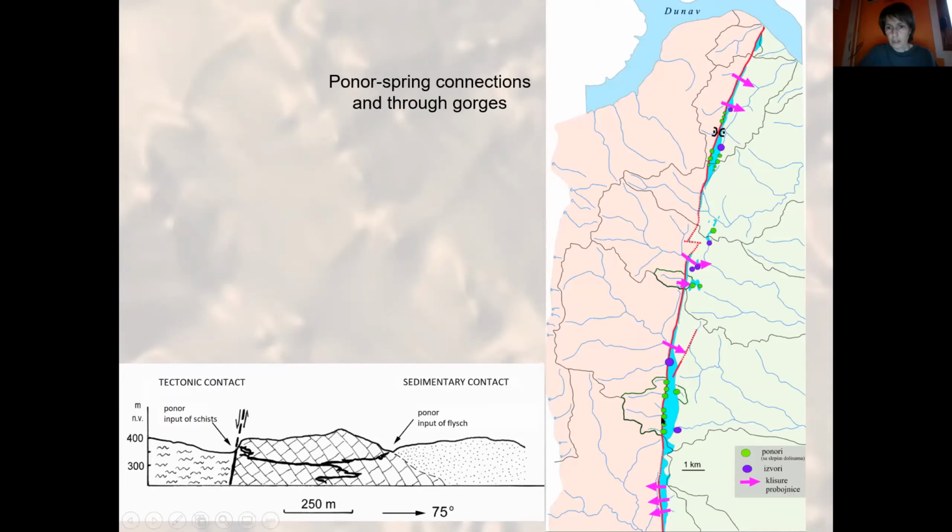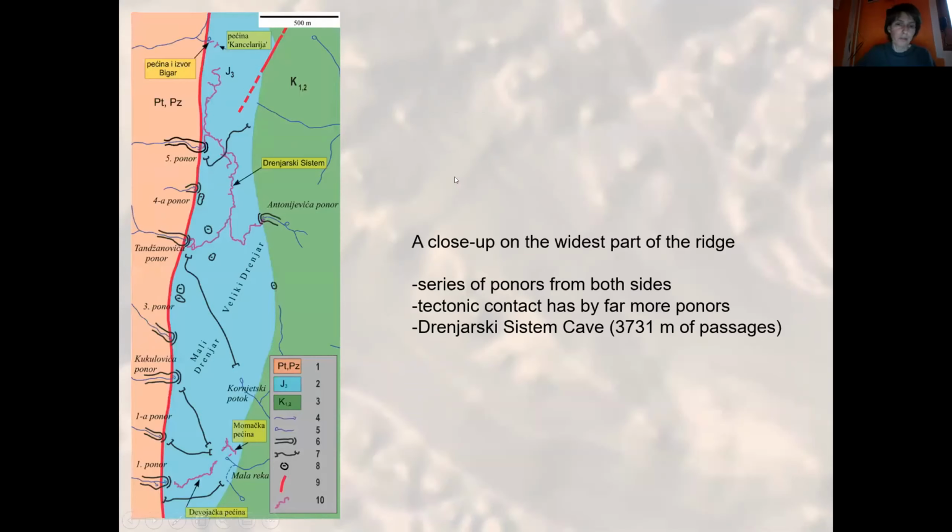You see that numerous ponors are on this side. And this is a close-up on the widest part, and you see that along the fault are situated ponors.